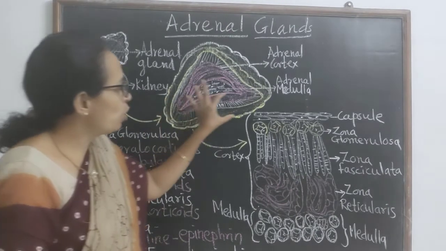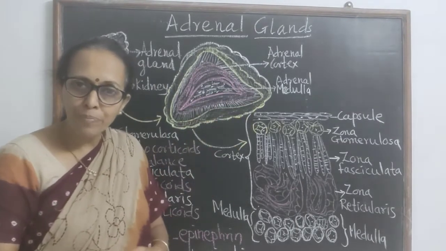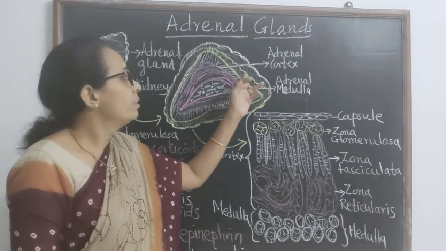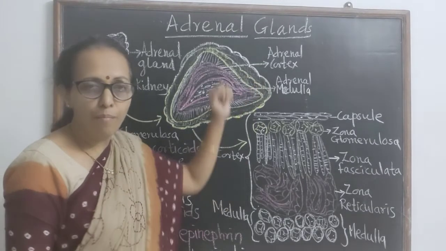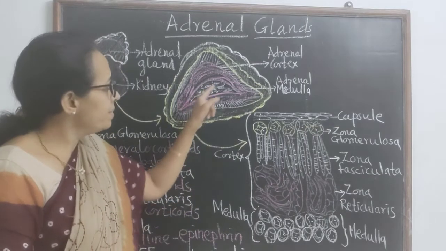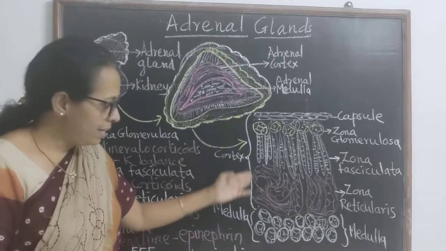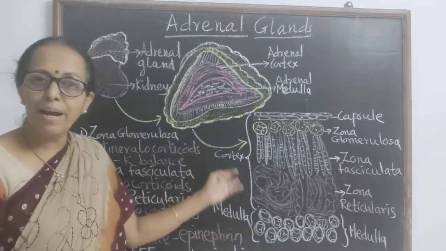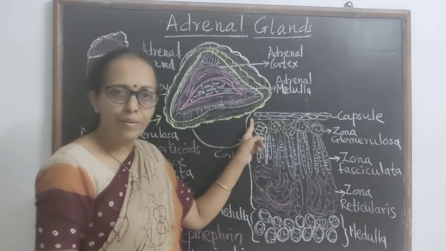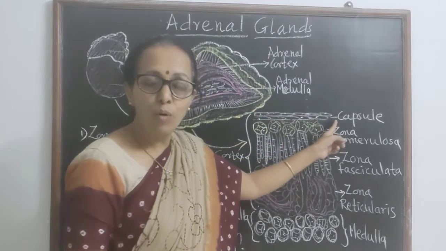If we observe all these layers of cortex as well as medulla histologically in detail, we find that the cortex shows three further layers, one below the other, secreting different hormones, and inside that the medulla is situated. In the cortex, the outermost layer you are observing here, a thin layer of connective tissue, is the protective capsule.